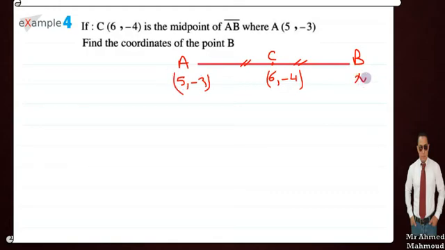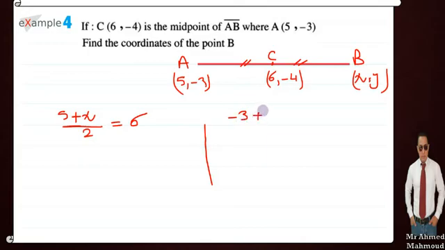B is (x, y), I call it x and y. So 5 plus x over 2 equals 6, and negative 3 plus y over 2 equals negative 4. I send 2 as times to be 5 plus x equals 2 times 6 equals 12.